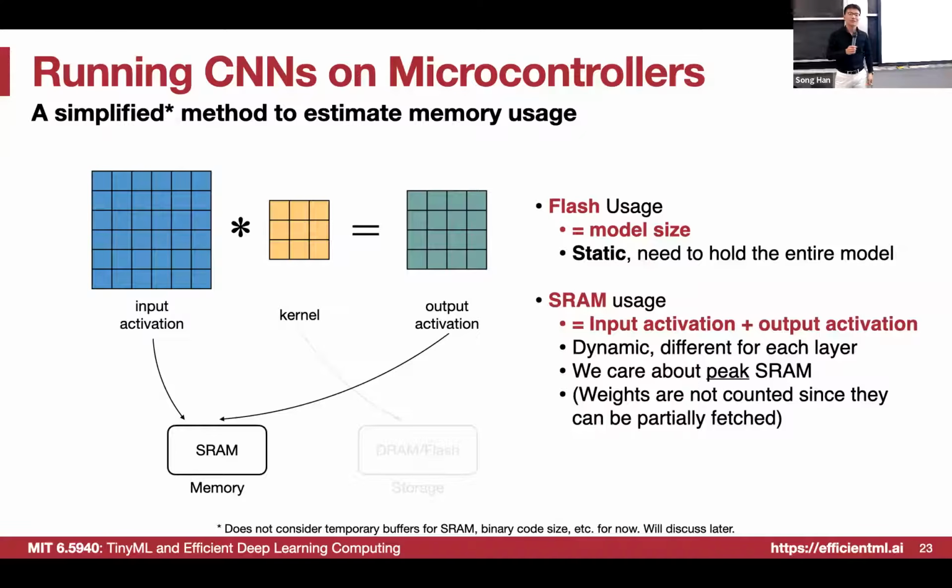And we care about the peak SRAM, the largest consumption in any layer. Since weights are not counted, we can fetch them partially and then throw them away. And then we continue to the last layer. And we always have the Flash as the back storage for those weights. So in first order approximation, the size of the Flash determines the model size. The size of the SRAM determines the input activation and output activation.